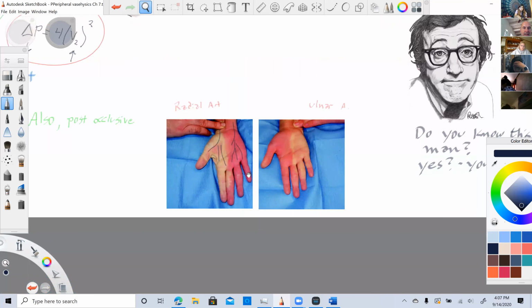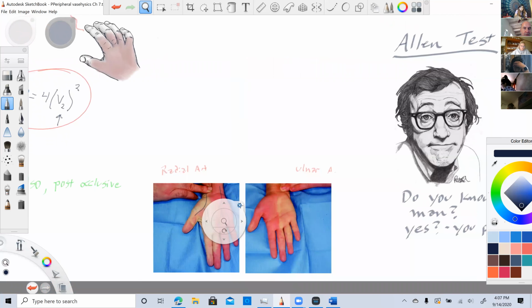Let's say this person needs heart surgery and the surgeon wants to come in and, why is the Allen test in this? Well, anyway, the surgeon comes in and they want to harvest the radial artery, which is pretty common. Can you imagine the damage that could be done to this person if the radial artery is harvested?